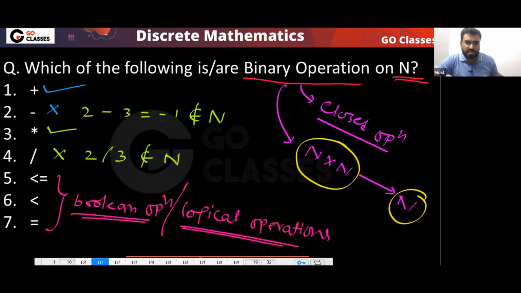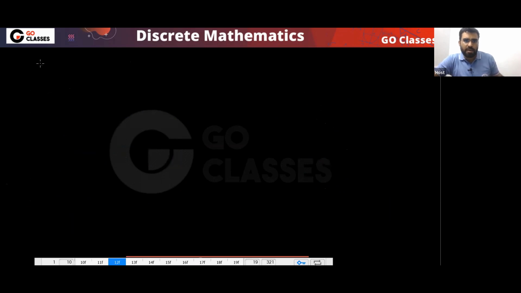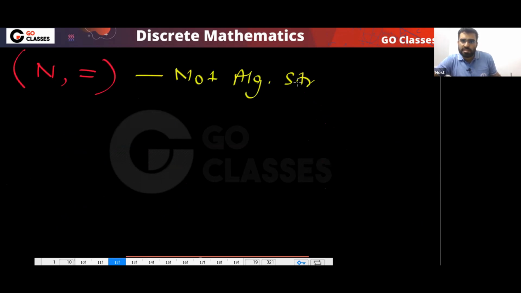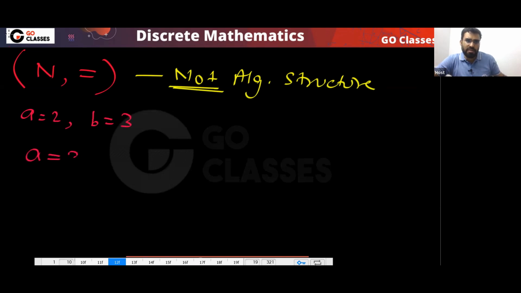These are logical operations. So for example, remember, if you consider the set of natural numbers with equal, this is not an algebraic structure. Why? Because if I give you two elements, let's assume a equal to 2 and b equal to 3, then tell me what will be a equal b?